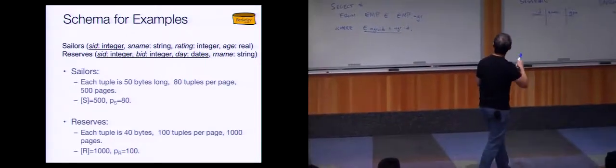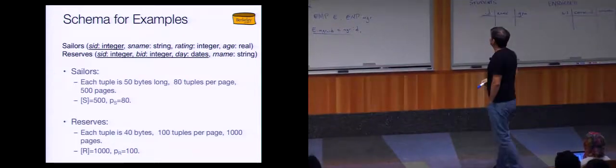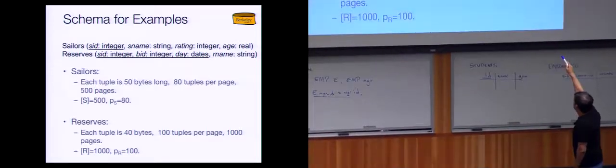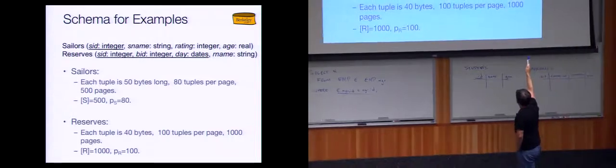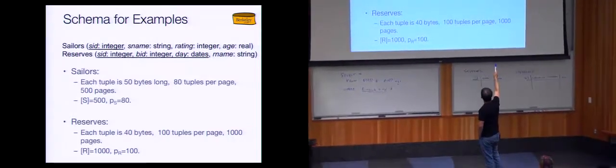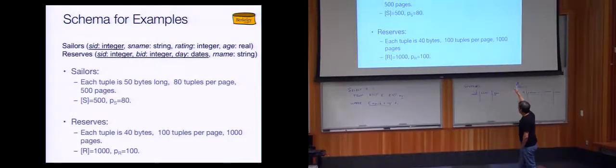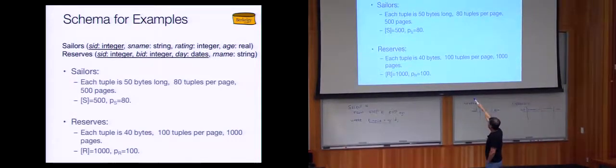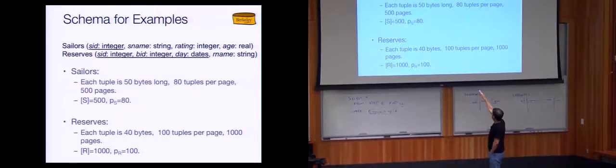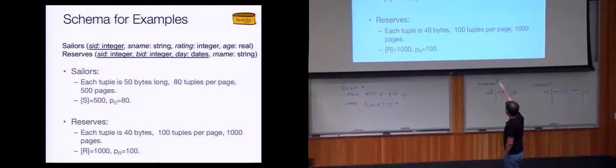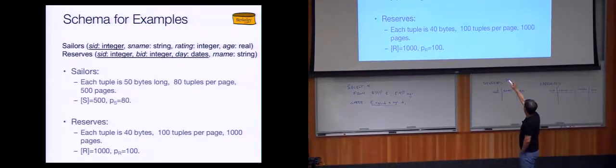There are sailors. The key of the sailors table is the sailor ID. Every sailor has a name and a rating, which is how good a sailor they are, and an age, which on this slide says real, but real is not actually an SQL data type. It would be float if this was SQL. The reserves table, much like the enrolled table here, pairs up sailor IDs, boat IDs, and days. And notice that there's a line underneath all three of those.